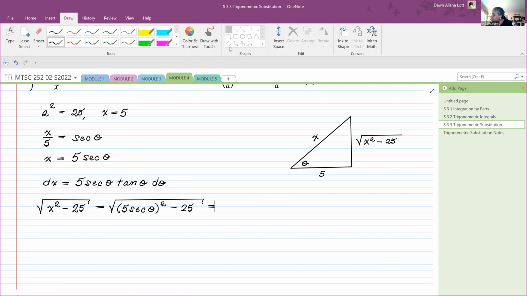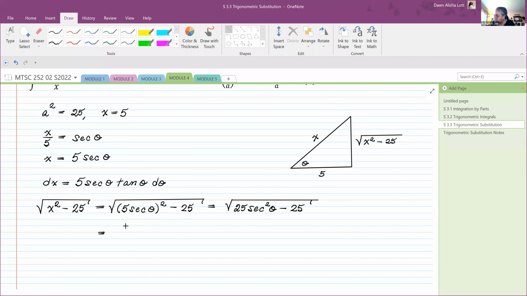So inside the square root, I get 25 secant squared theta minus 25. Okay, so let's keep going.